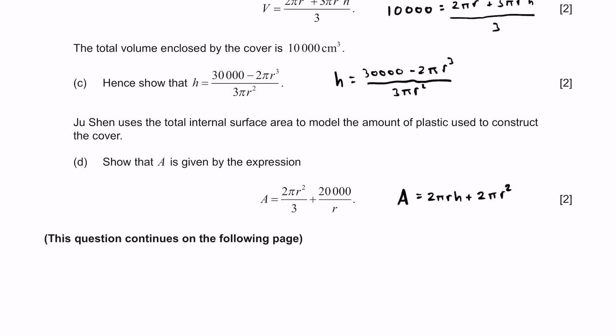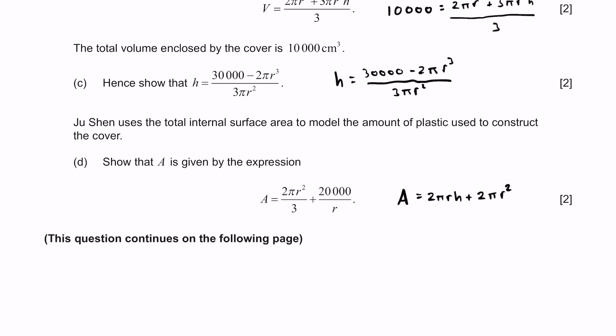So the difference is we somehow managed to get rid of this h. You can ask, how did we do that? Well, in the previous question, in C, we had h linked to r, or h is equal to some value in terms of r. Essentially, we have h expressed in terms of r.